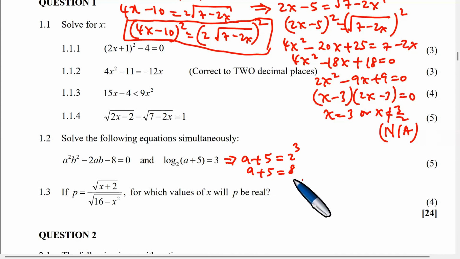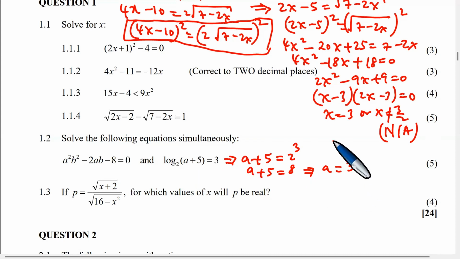2 to the power 3 is 8. And that means a is equal to 8 minus 5, which is 3. So 3 is one of the solutions to this. Once you get one of the solutions, what you do is substitute into this equation.